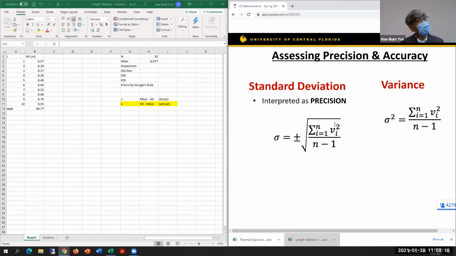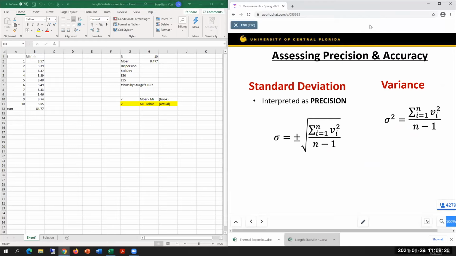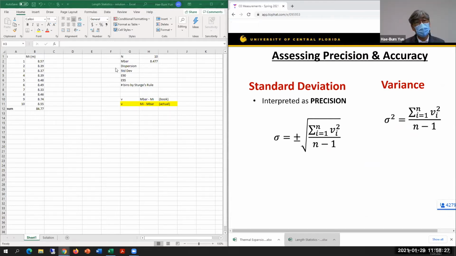Vi is the residual, which is the observed value minus m bar, right? I showed you two different ways to calculate it, the way that the book uses or the one that we're going to use. So Mi minus M bar, okay? I'm going to use this one.